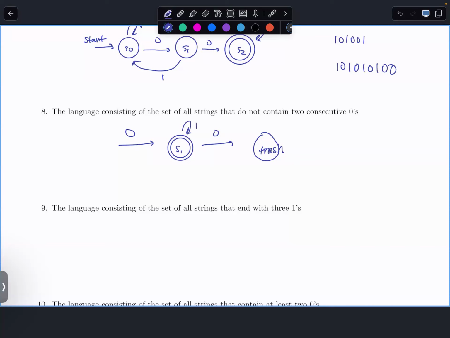And a 1, 1, 1, 1, 1, 1. That's going to get us stuck in a minute, I think. But this should also be a final state, right?